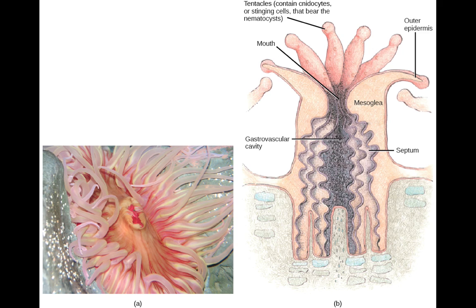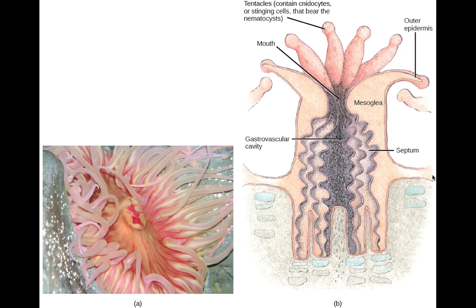But here is an example of what an anthozoan looks like if we were to section through it. We can see that it's got tentacles, it's got its mouth, it's got the jelly-like mesoglea and the epidermis. But then the GVC is lined with these walls, or septa, that can increase the surface area inside the GVC.